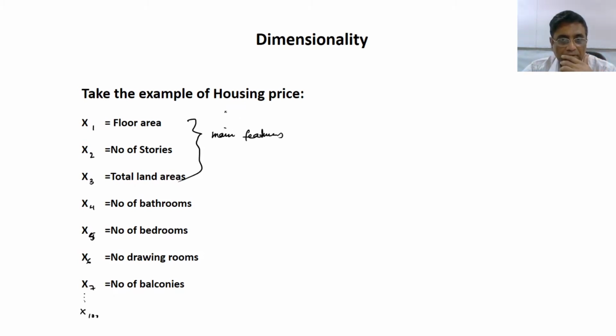For example, this is not real. So out of so many 100 features, maybe these three, number of bathrooms, number of bedrooms, number of drawing rooms, number of balconies, these are all there, but these features are not that important as these features are important.